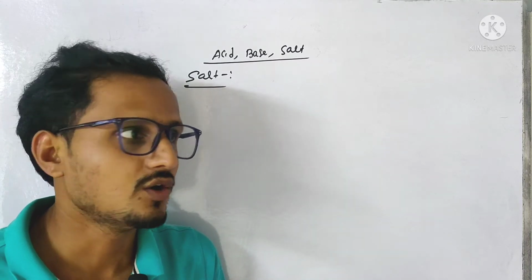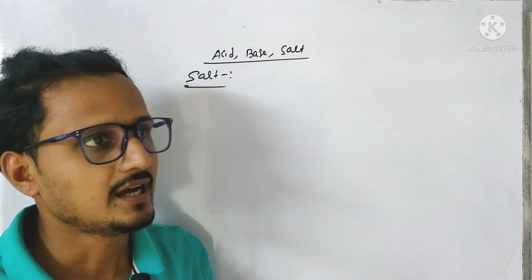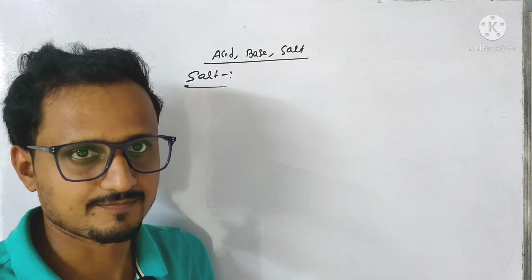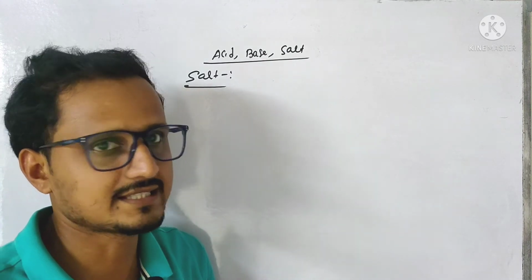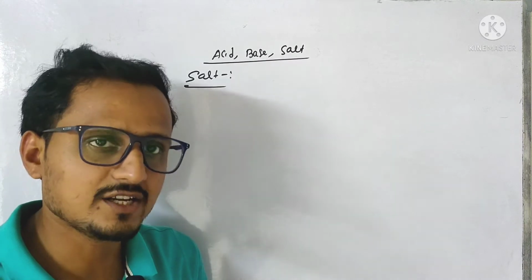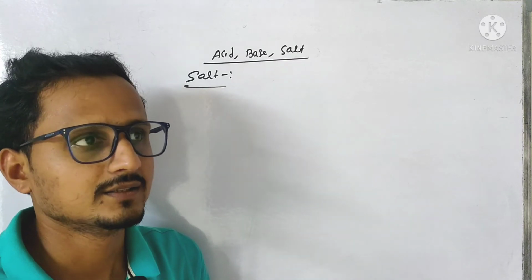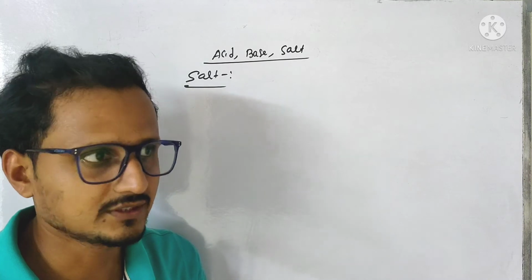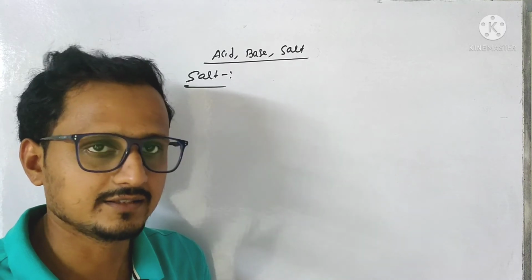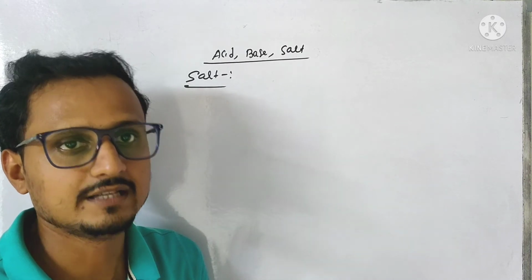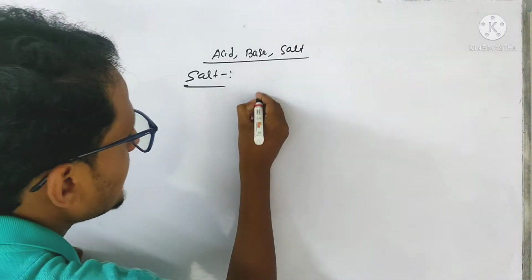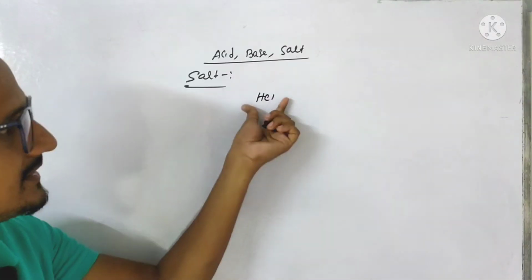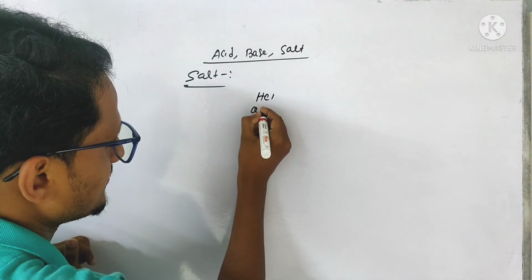Or we can say that if a replaceable hydrogen of an acid is completely or partially replaced by an electropositive ion like a metal, then the compound formed is called a salt. Say HCl. HCl is an acid.